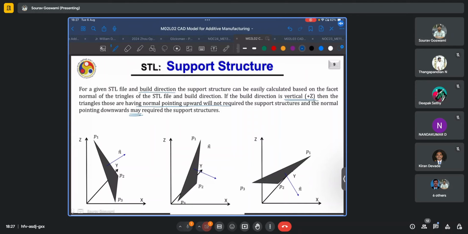May, because if this angle of inclination is relatively small, such as here, the support structures may still not be required, whereas in the other case over here, where this angle is far larger, we can safely say that support structures will be needed.